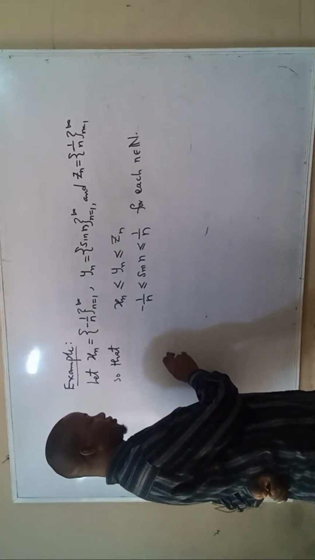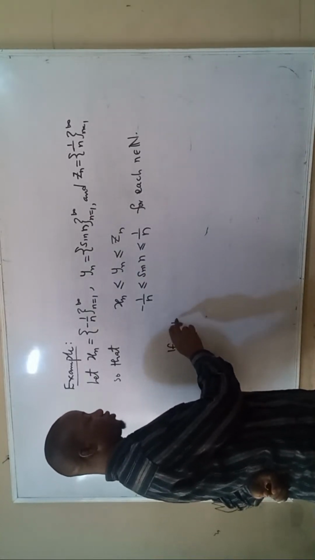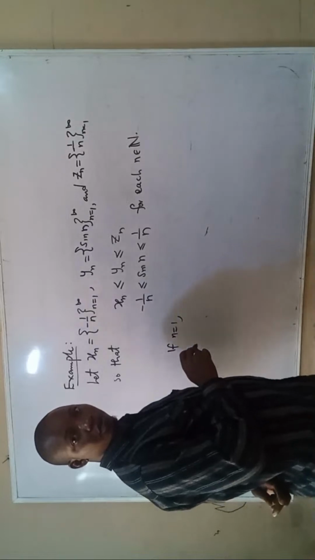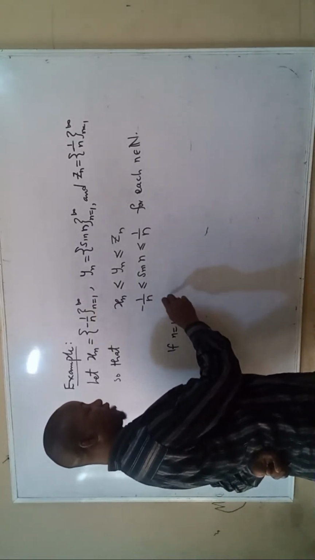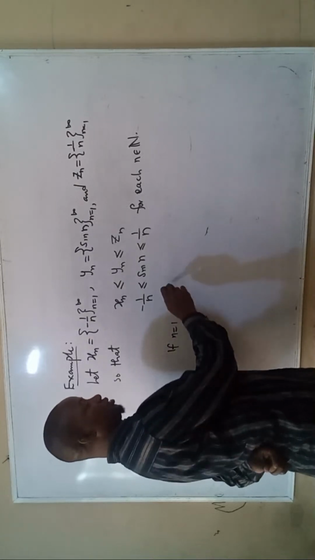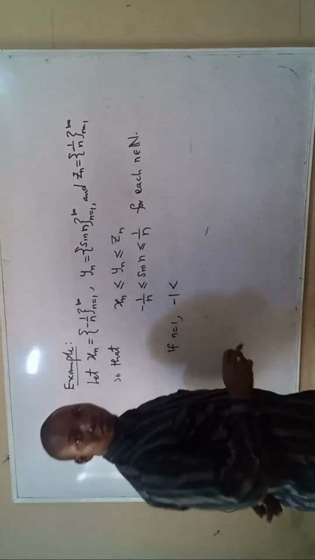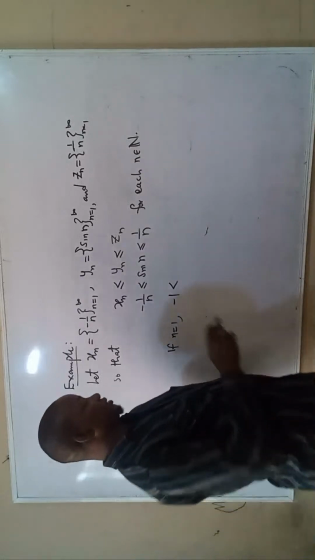So, for example, if n equals 1, we'll see that this sequence here will be minus 1, and this will be less than sine 1.